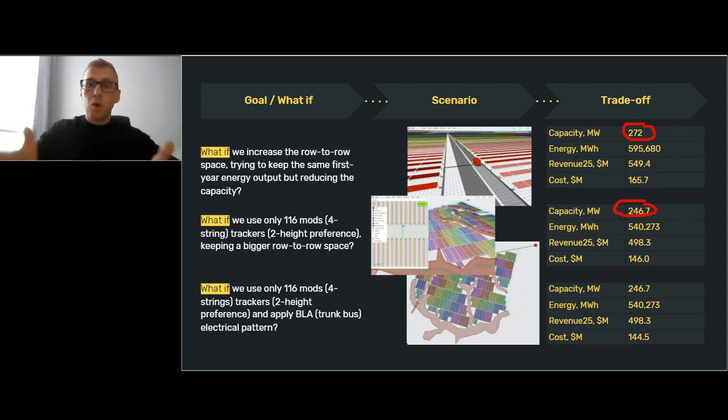You can fit more of them in the layout in any side boundaries. When you have bigger trackers, you cannot fit as much power as you did with a variety of trackers. So you lose capacity, but at the same time, you lose also energy, and you also reduce your revenue. But in some cases, this specific scenario, from a profit standpoint, can be more preferable.